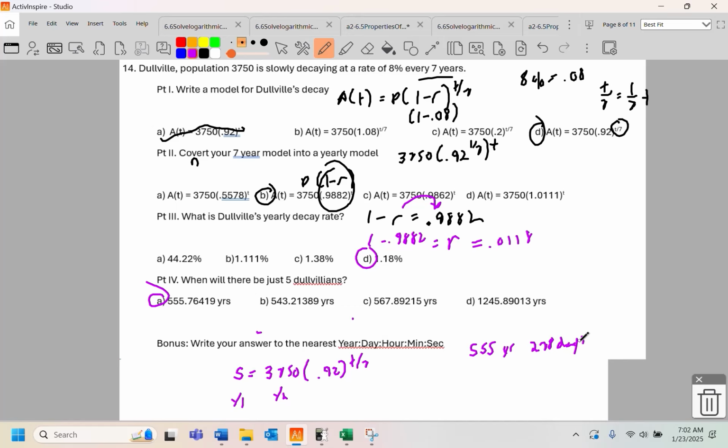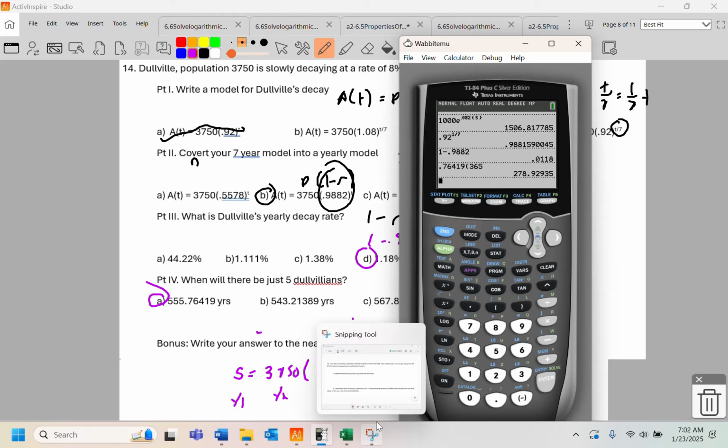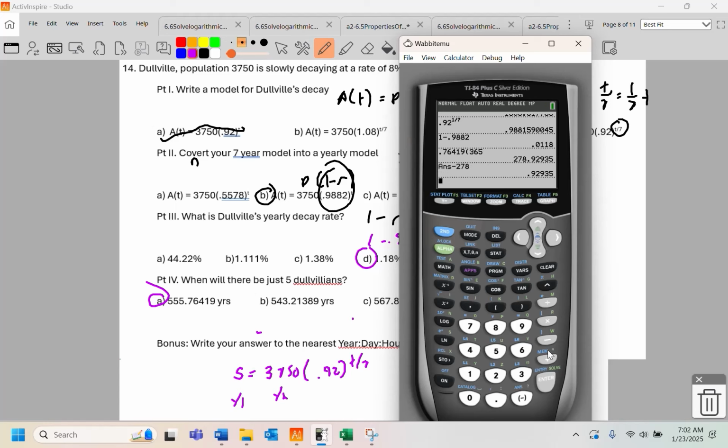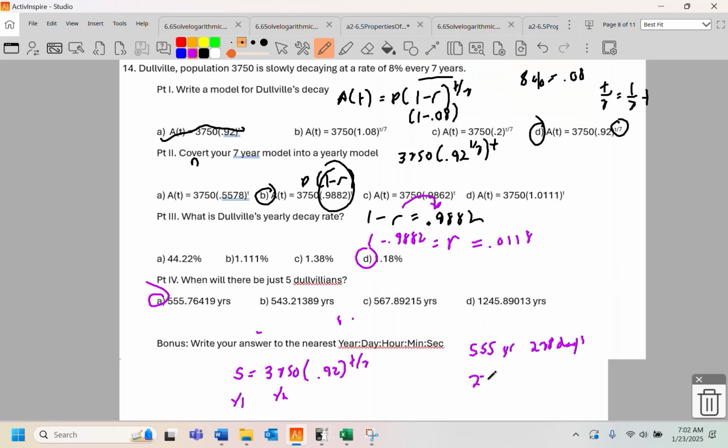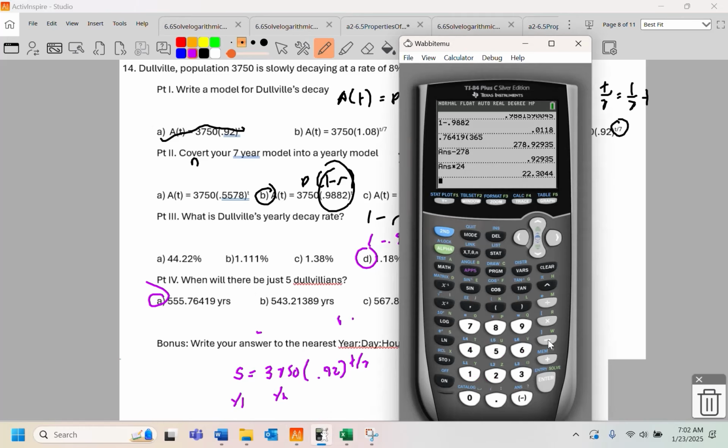I don't do a conversion to months because some months have different lengths than others. Let's see here. Take away that whole unit of 278. This is still in days. Let's multiply it by 24 to get a whole hour. 22 hours. Take away our 22, and let's convert this 3/10 of an hour into minutes by multiplying by 60.